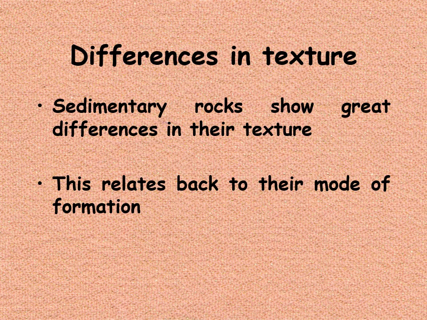That means the texture of the sedimentary rock will be different in different depositional conditions. And by observing these different sedimentary textures, we can relate them to their mode of formation.